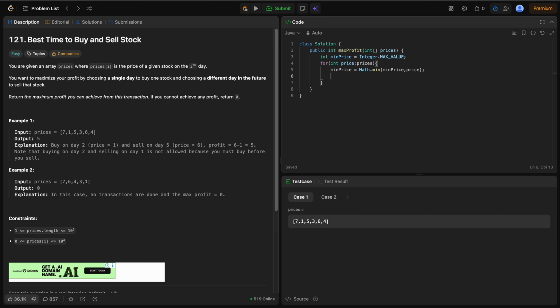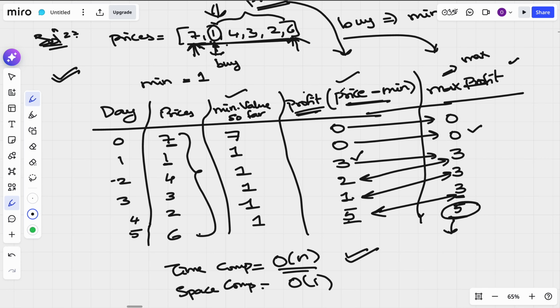Clear? Now, after I got the minimum price, I need to find the profit at that instant, right? The second thing is that I need to find the profit, and I can get it by price minus minimum value.